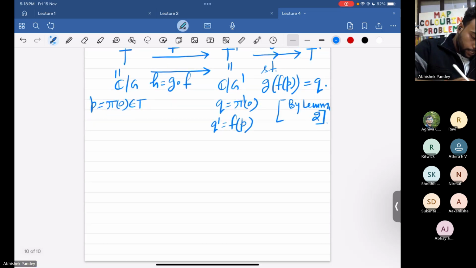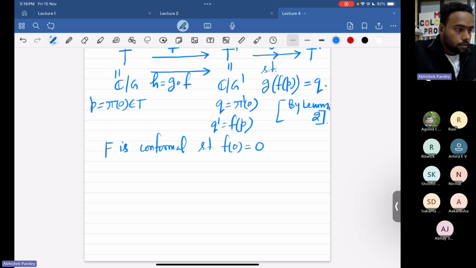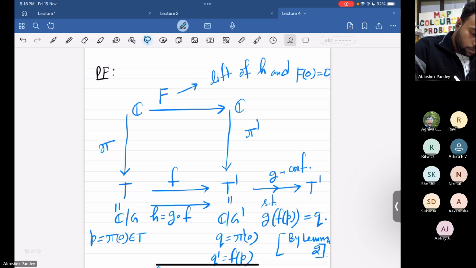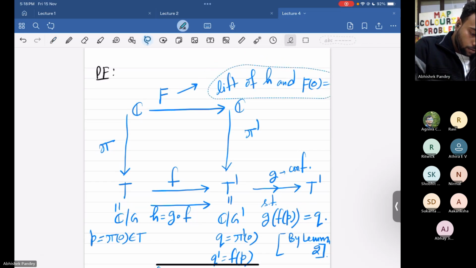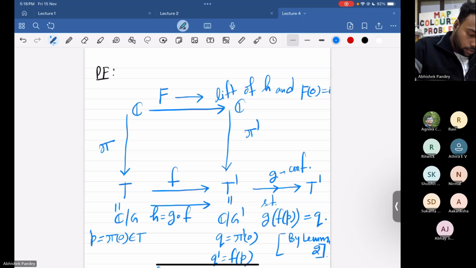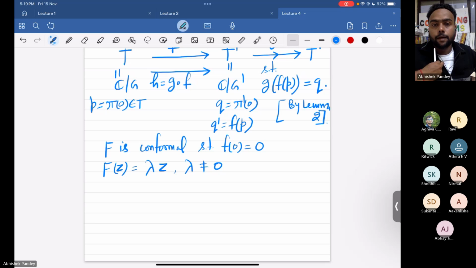So capital F is conformal, so that F of 0 equals 0. Now can you tell me what would be the form of F? I guess it is F of z equals lambda z. There will exist some lambda. Is it clear?